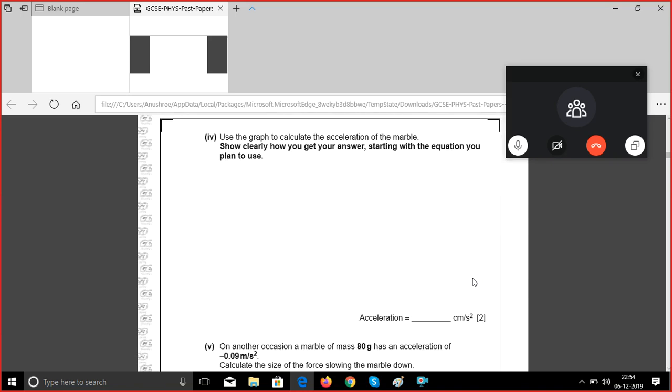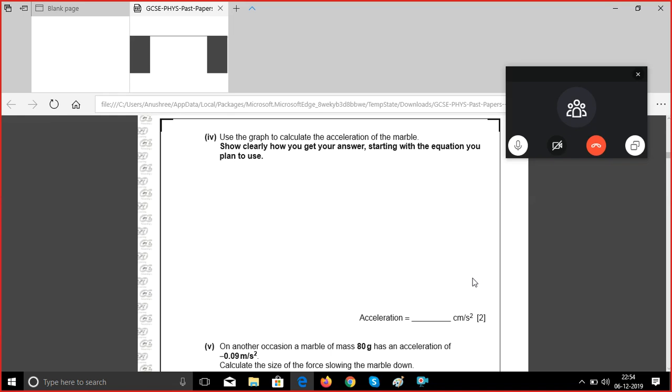So v is the final velocity and u is the initial.